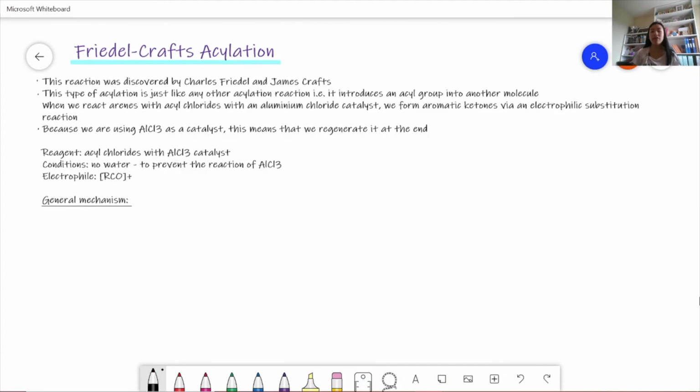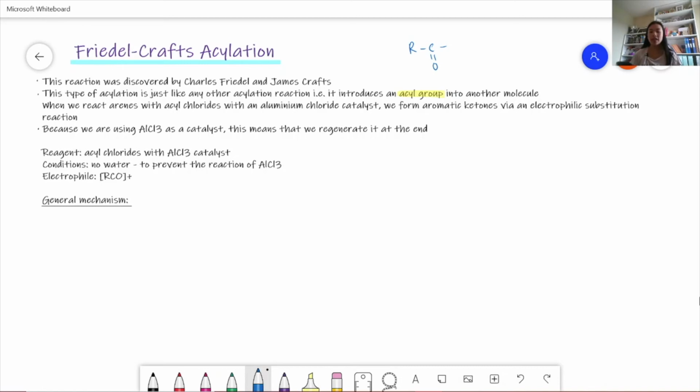Now we're going to look at Friedel-Crafts acylation. So this reaction was discovered by Charles Friedel and James Crafts. And this type of acylation is just like any other acylation reaction, and what it does is introduce an acyl group into another molecule. So again, the acyl group is this RC=O group.